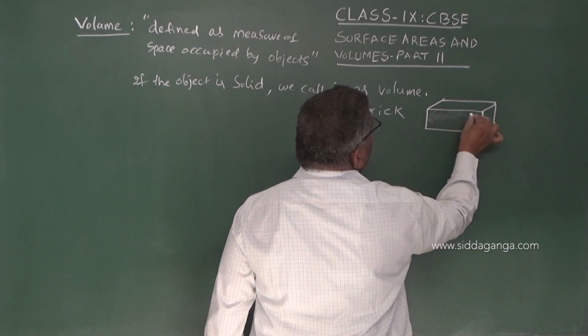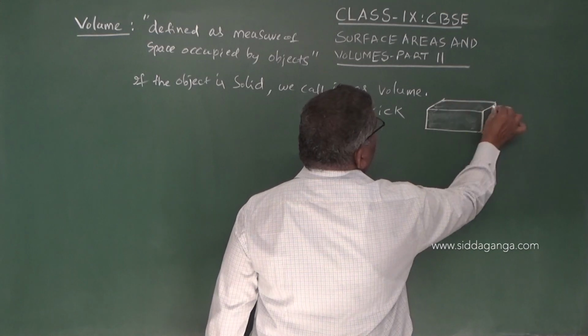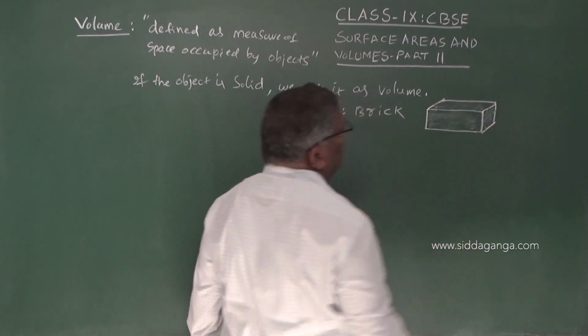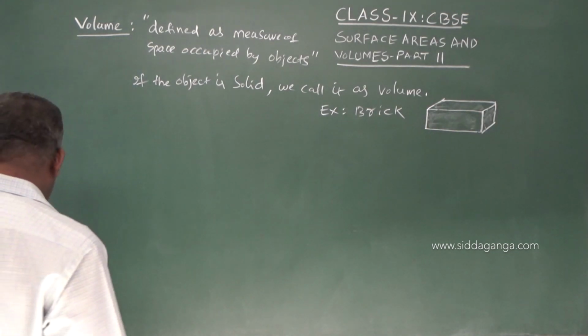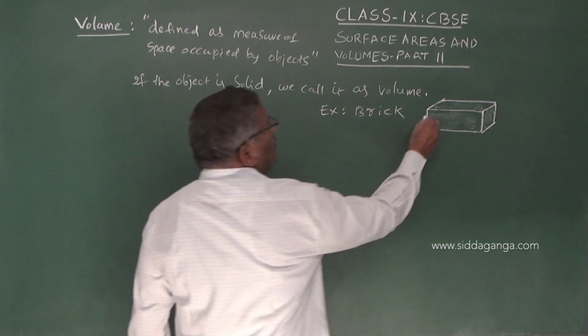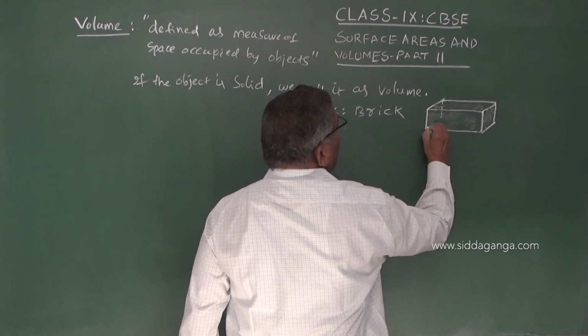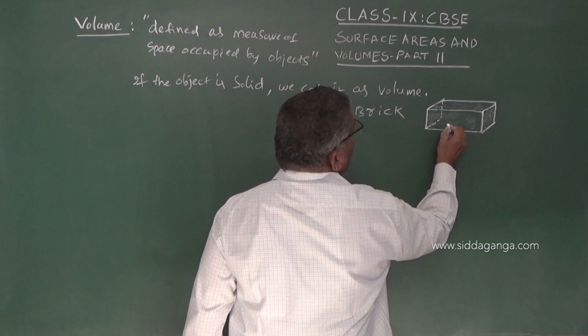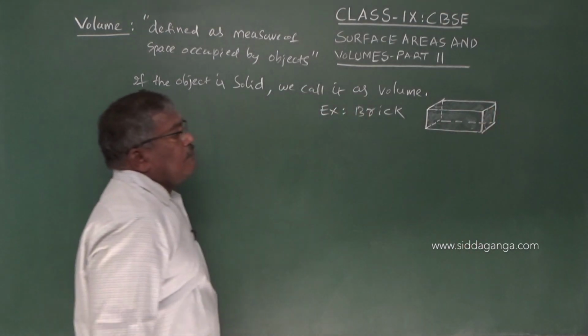So this is a brick. Now just to know the inner corners, the opposite side corners, we mark it like this, of course.